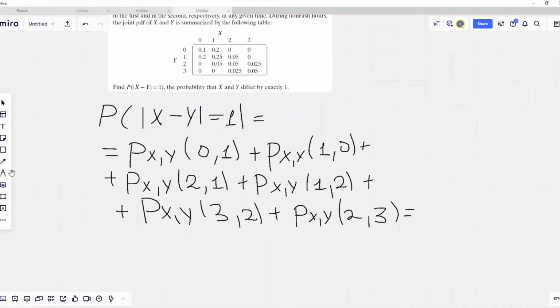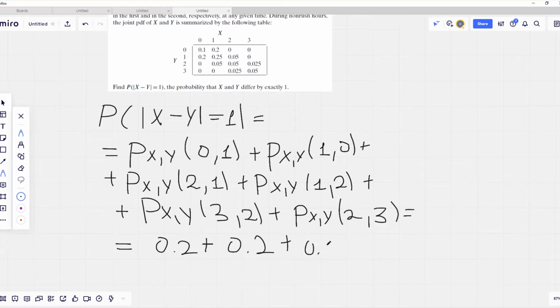Then we need to calculate the following sum. The probability that random variable x is equal to 0 and random variable y is equal to 1 is given as 0.2, plus the probability that we have 1 customer in the first line and 0 customers in the second, also 0.2. Plus 2 customers in the first line, 1 customer in the second as 0.05.